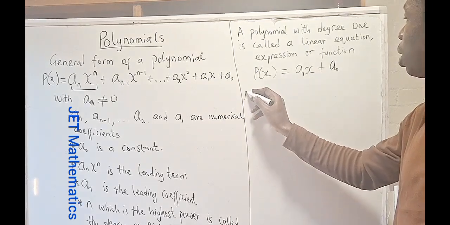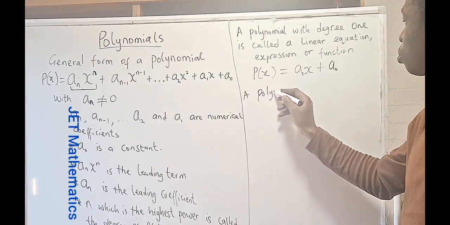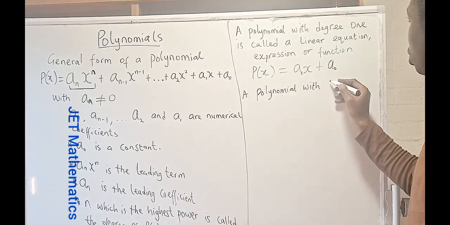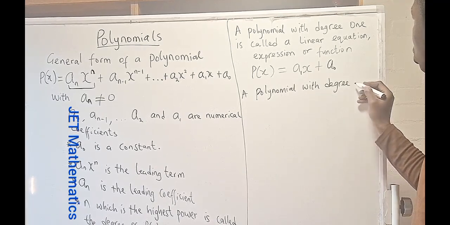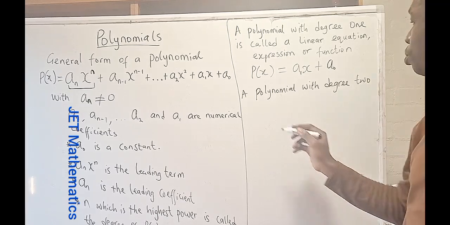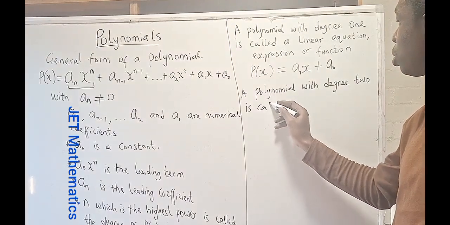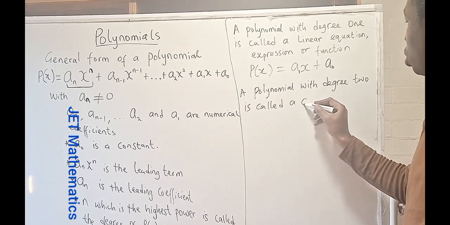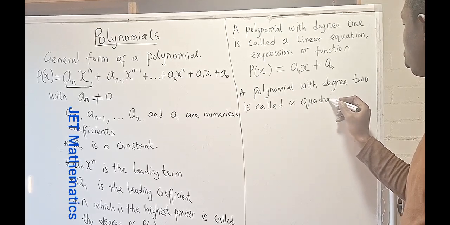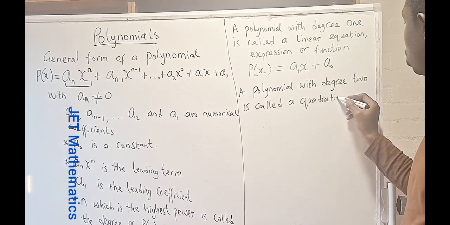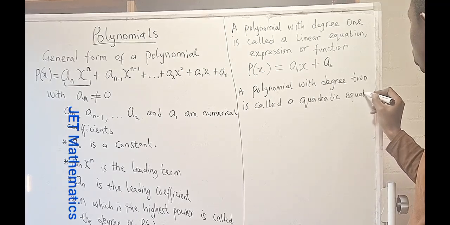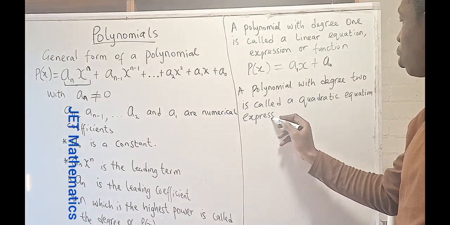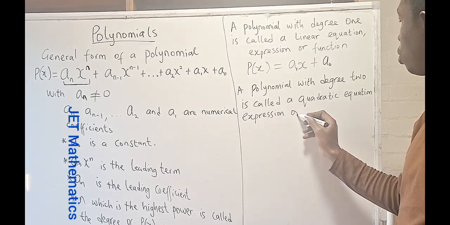All right, a polynomial with degree 2 is called a quadratic equation, expression, or function.